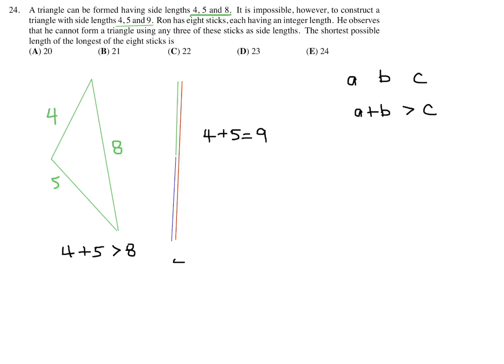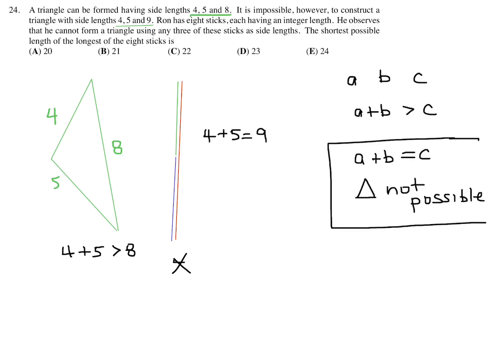But in this scenario, 4 plus 5 is equal to 9, so this is not possible. You can't make a triangle. So if A plus B is equal to C, a triangle is not possible. So that's the fundamental rule that we need to use in this question.